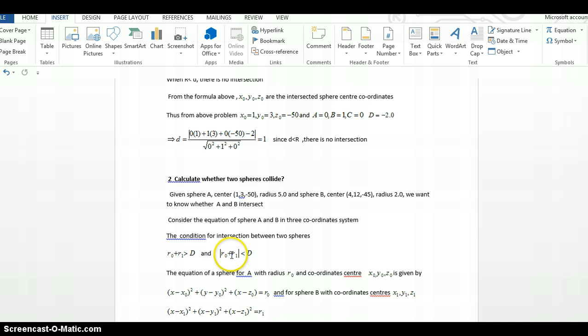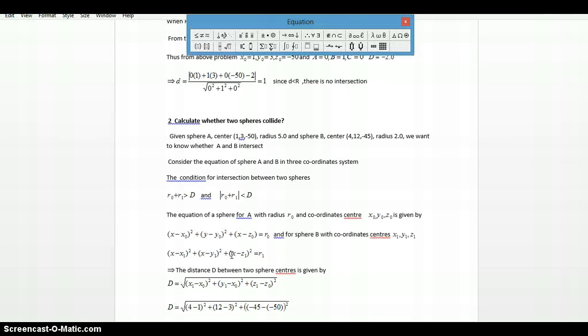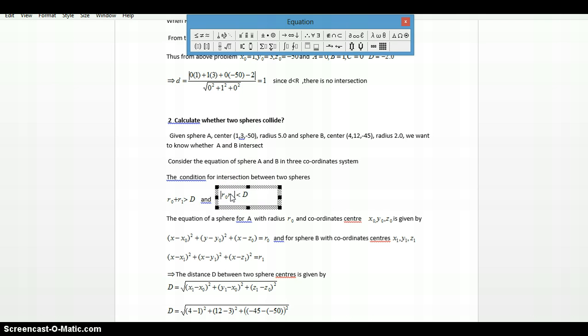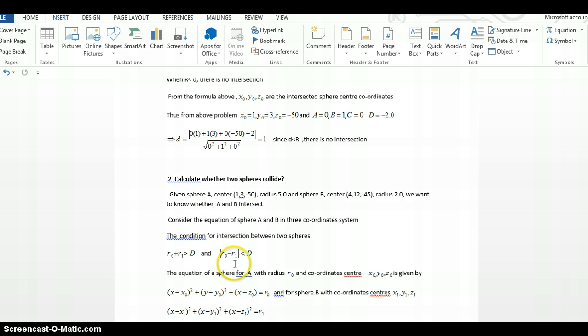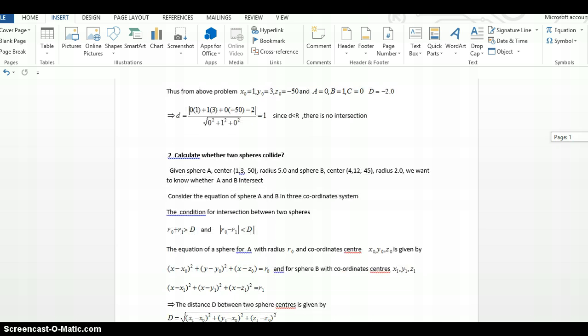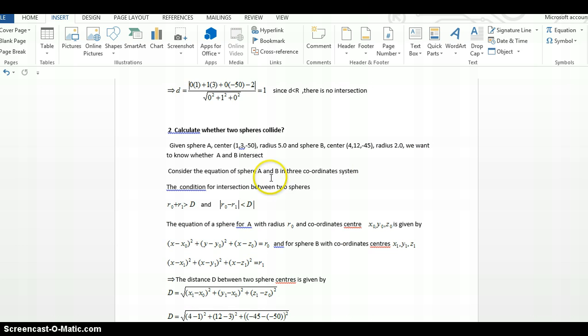And okay, this is a minus. This is actually a minus sign, and the modulus of r0 minus r1 must be less than d. These are the conditions that exist for us to know that there is intersection between two spheres.